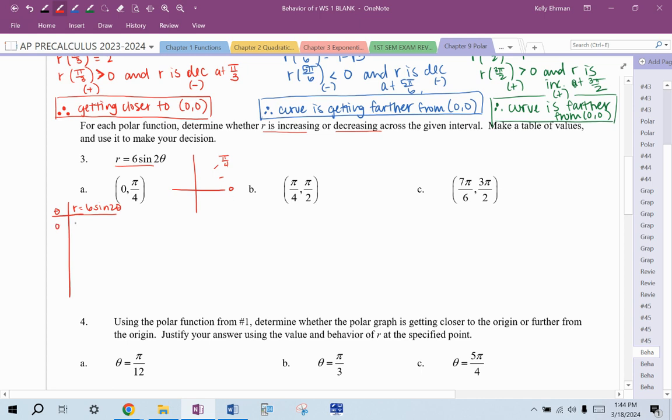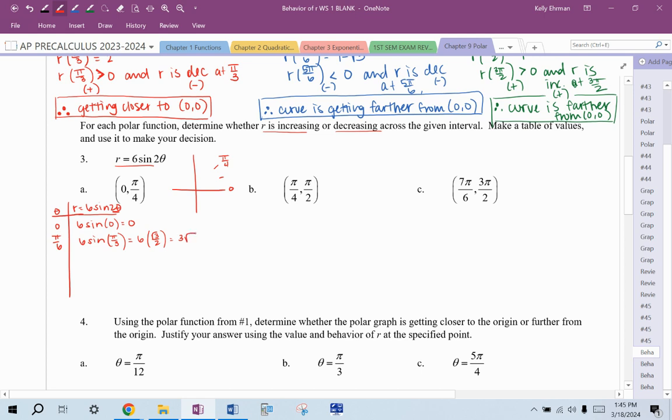We're going to plug in 0. 6 times the sine of 2 times 0 is equal to 0. And then we're going to plug in pi over 6. Make sure you're plugging it into 2 theta, though. So when you plug in pi over 6, you get 6 times the sine of 2 pi over 6, which is really pi over 3. That's 6 times radical 3 over 2.